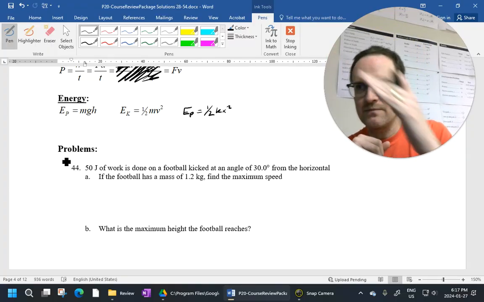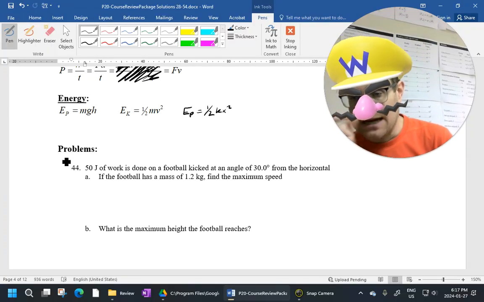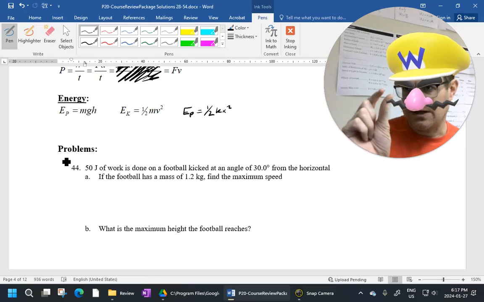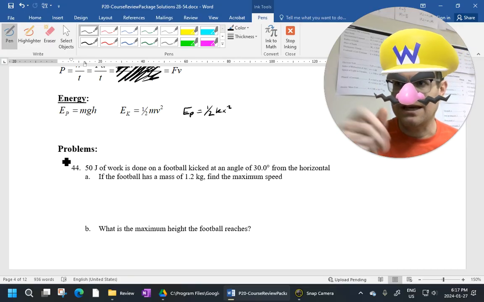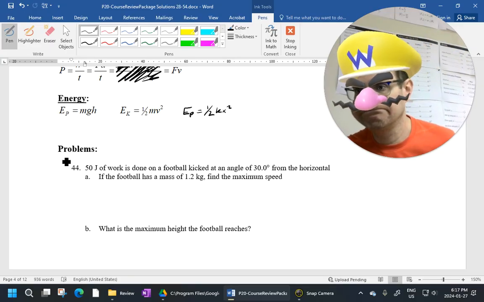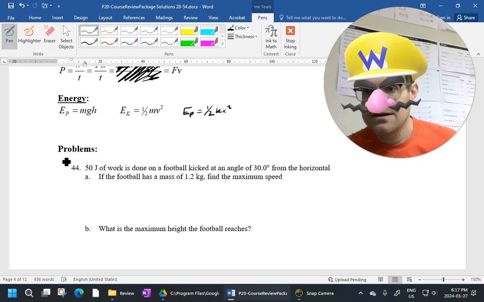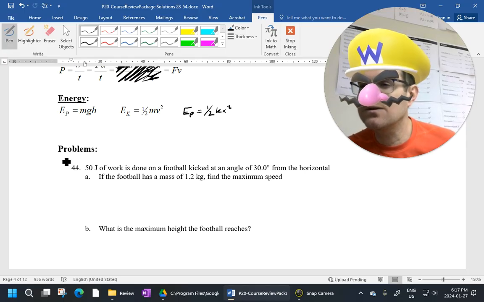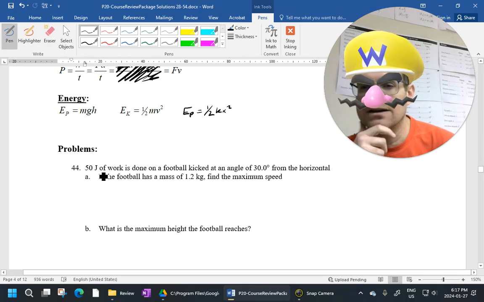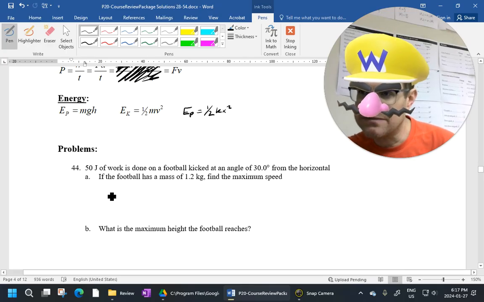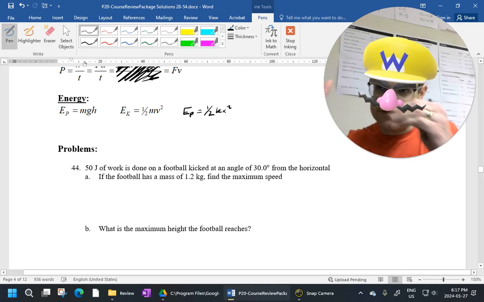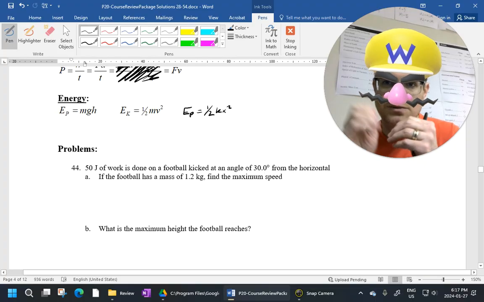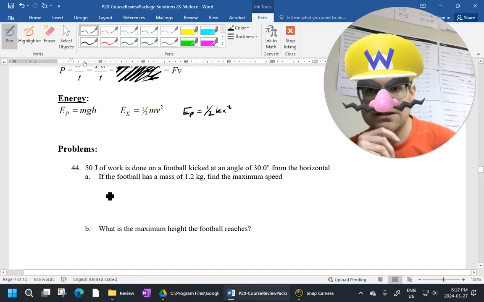So it's just changing it in this direction. Assuming that also the distance is small enough, we can ignore the fact that some of the energy probably went into potential energy, but they're looking for the maximum speed, so we can assume that this work didn't change the potential energy too much. It just maybe deformed the object and then kind of squished out, so the potential energy didn't change too much.